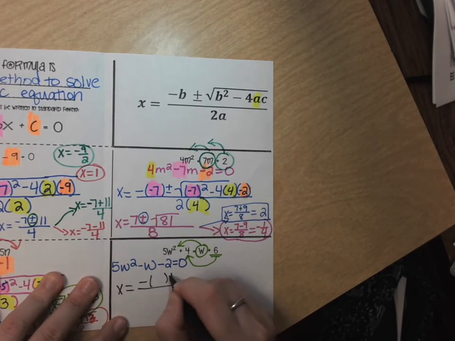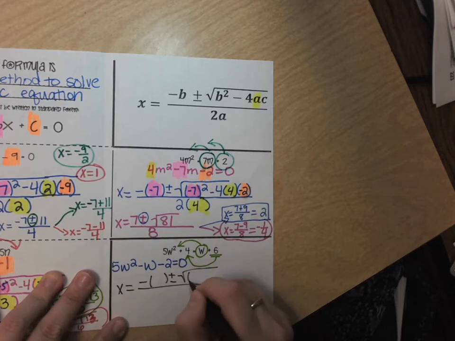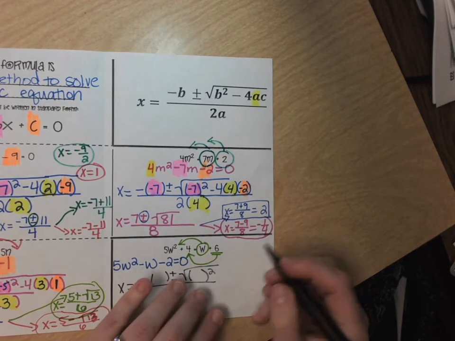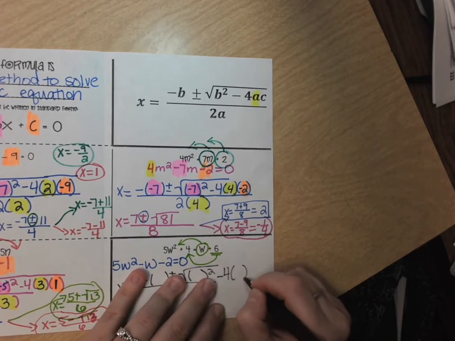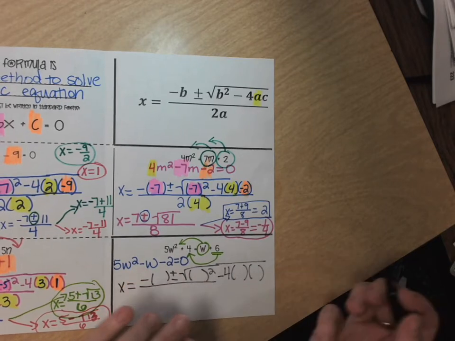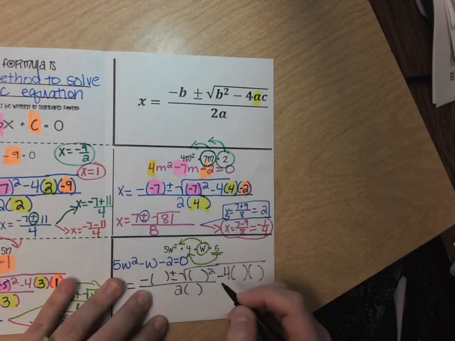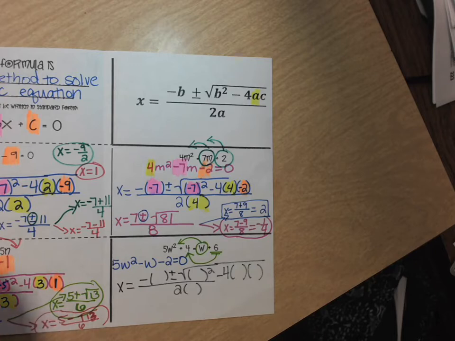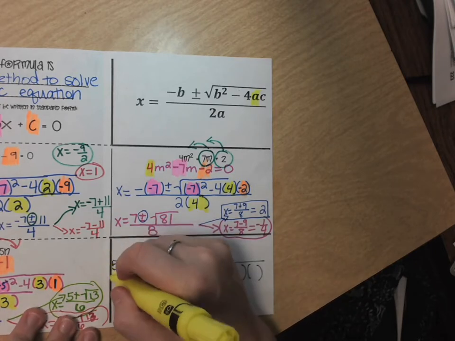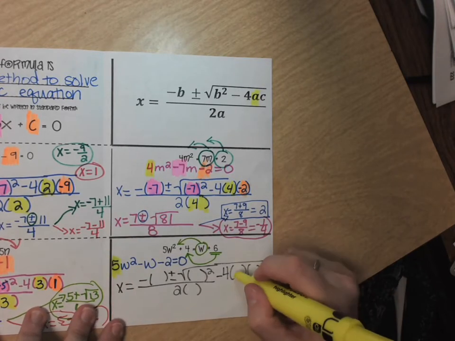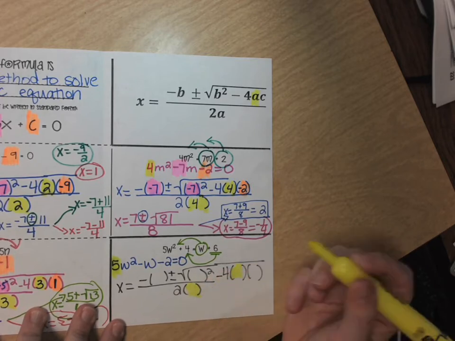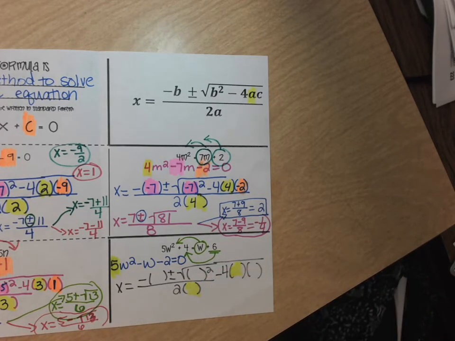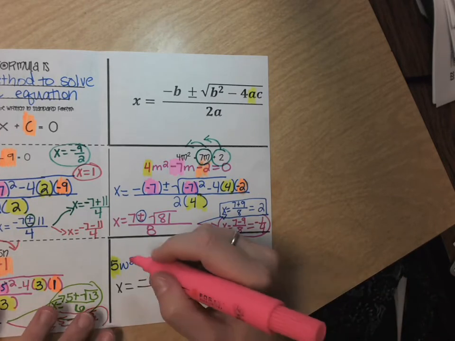Minus, plus or minus. Two on the bottom. Okay, our A is 5. So A and A. Our B, what is our B?